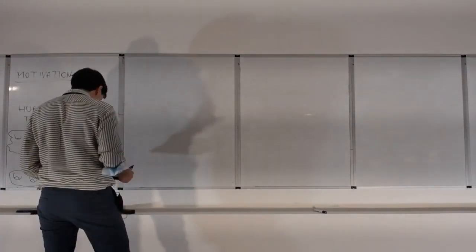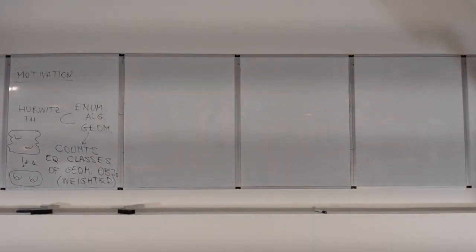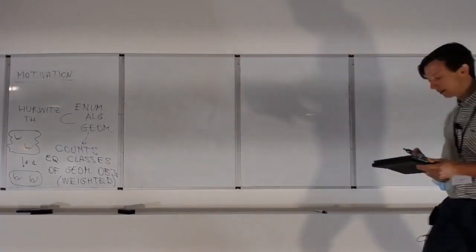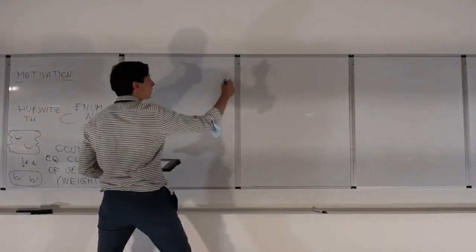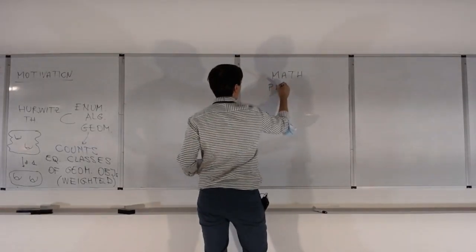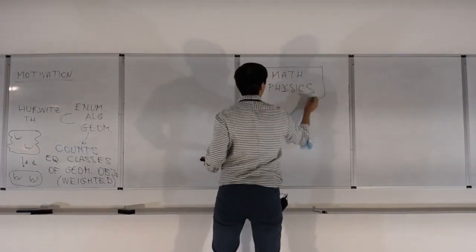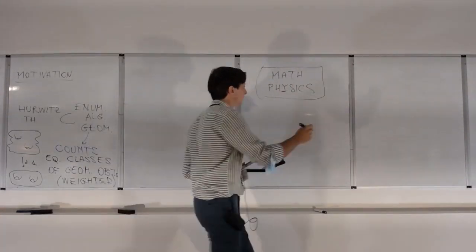But let me also say a little bit more about why these Hurwitz numbers are interesting. So for me, the picture is the following. This is what I will call mathematical physics, and then there is some algebraic geometry here.